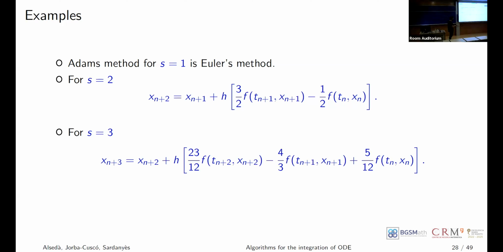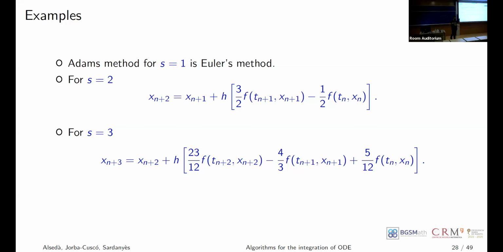Notice that, again, I would like to stress this. If I want to compute x_{n+3}, these two evaluations of the vector field are already computed from the previous steps. The only problem maybe is how to start, because at the beginning you have just the initial condition.